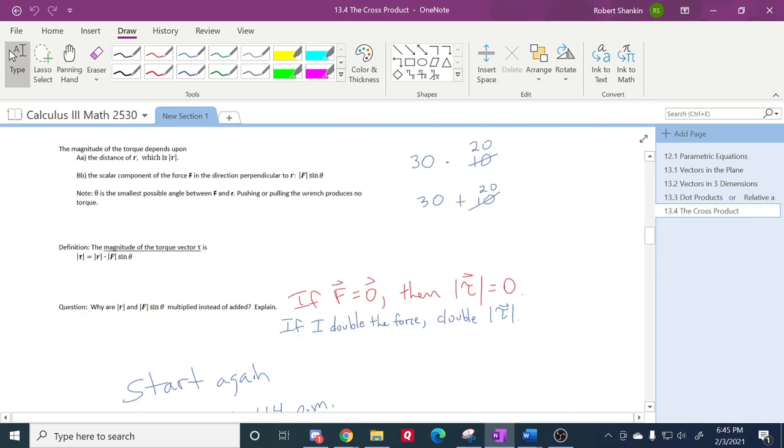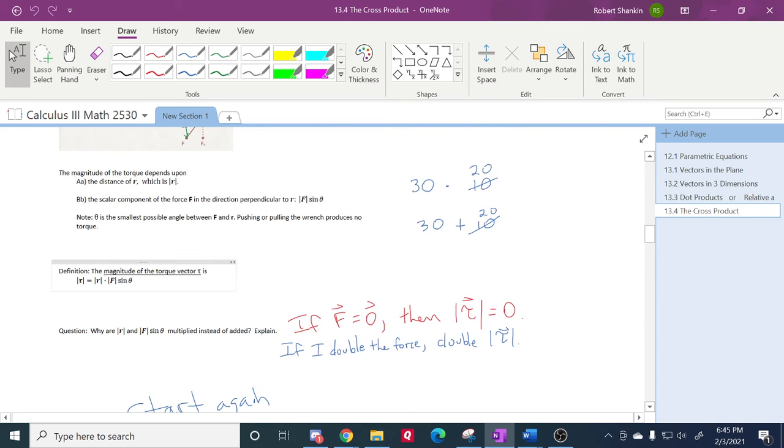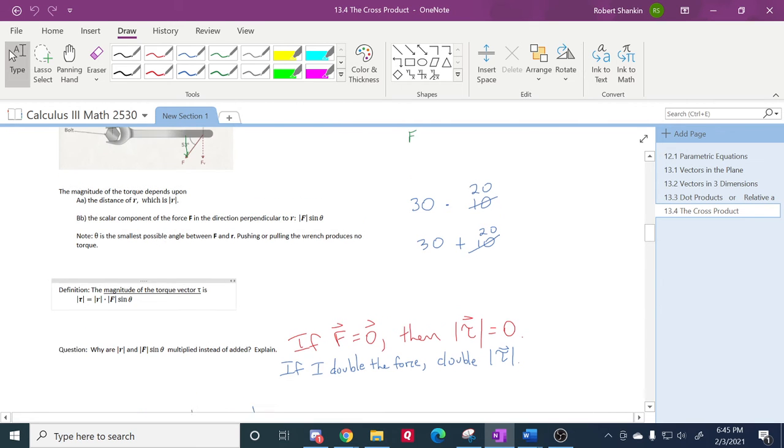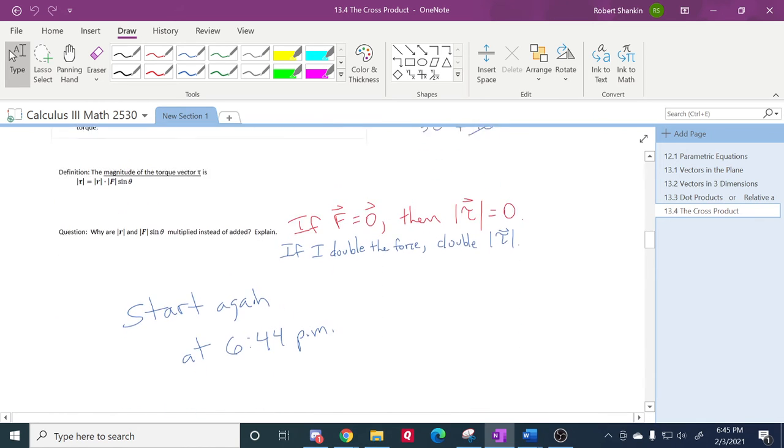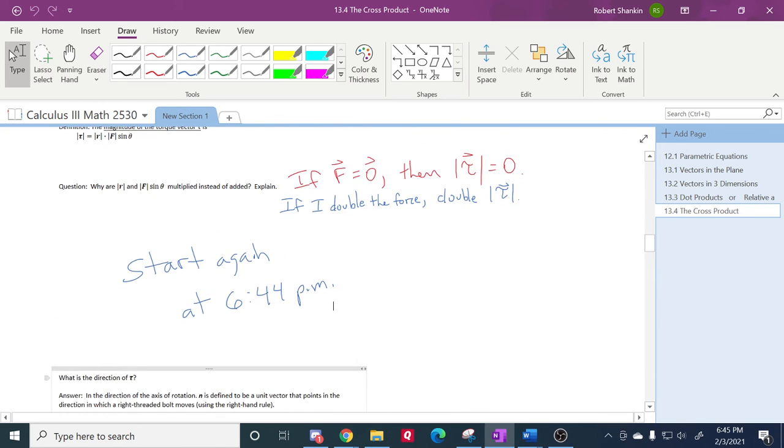All right, so it totally makes sense that tau is the torque on this, and that the magnitude of the torque is the product, because it depends on how long our arm is and what force we push with. But what's the direction of tau?